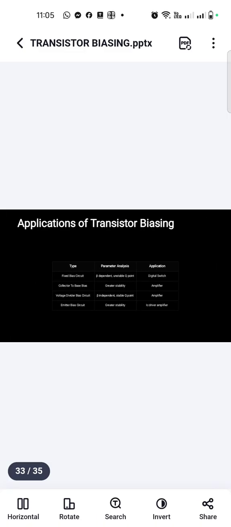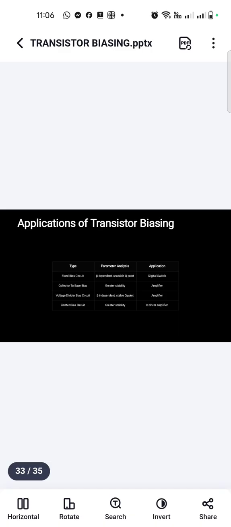Okay, then this is the table we finally have. So we know the three types of biasing that are mentioned in the table: fixed bias, collector to base bias, voltage divider bias, finally emitter bias, right?